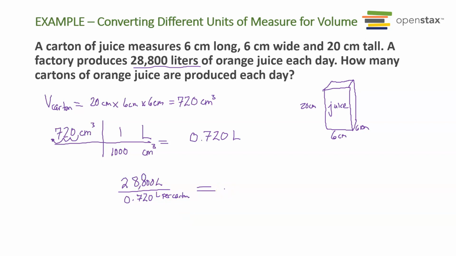So 28,800 divided by 0.720, that gives me 40,000, and that is in cartons. So we're talking about producing 40,000 cartons of juice each day with that type of calculation. And so that's kind of interesting there.